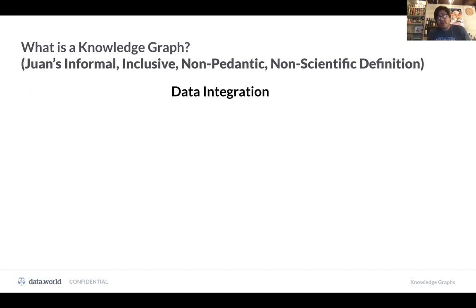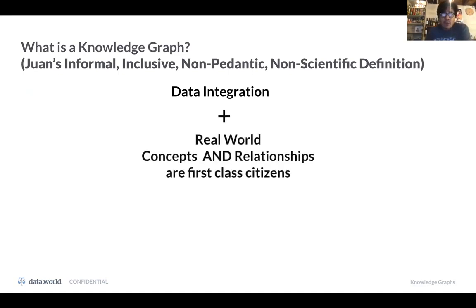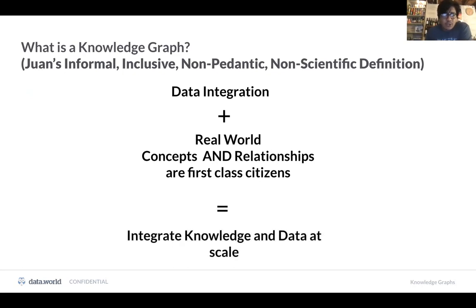It's when you're doing data integration and you want your real-world concepts and relationships to be first-class citizens in your model. When you combine these two things, you're really integrating knowledge and data at scale. And this happens to be in a data model, which is a graph.